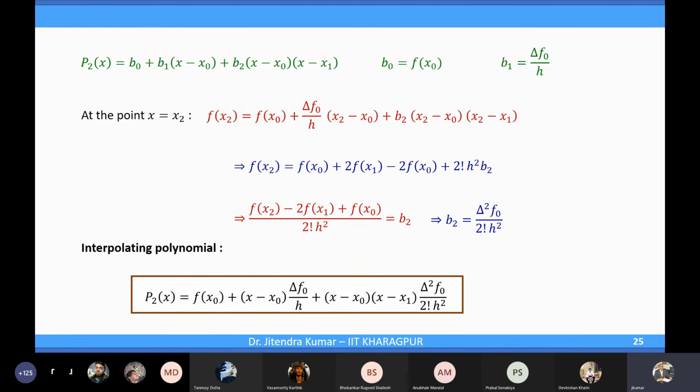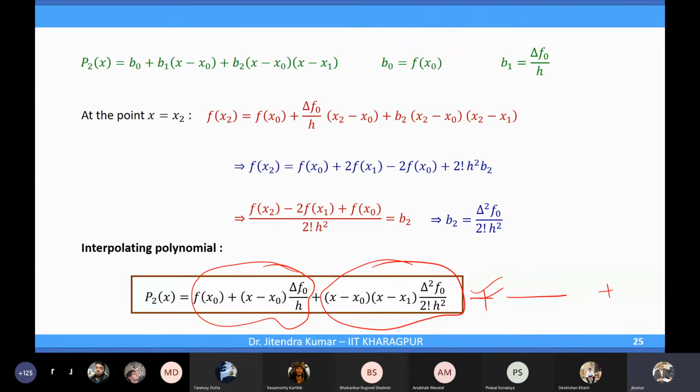So here the interpolating polynomial looks like this, the second degree polynomial. See, the first degree polynomial is sitting exactly like this, which we have discussed before: f(x0) plus (x minus x0) delta f0 over h. Then you have added this term, that's all. For the third degree, again, we will have some more terms here.